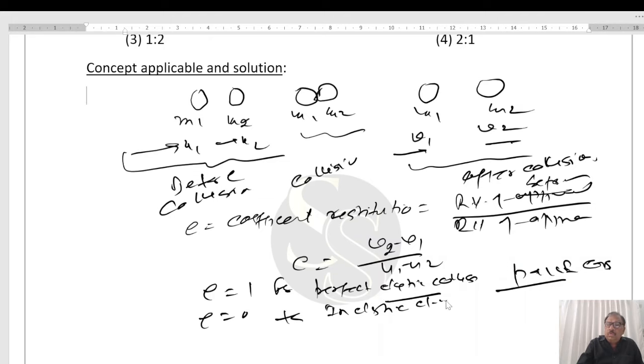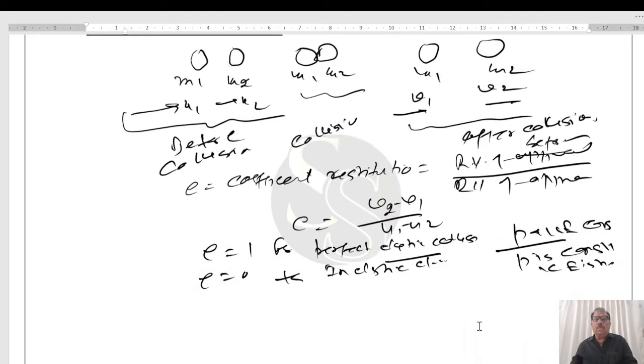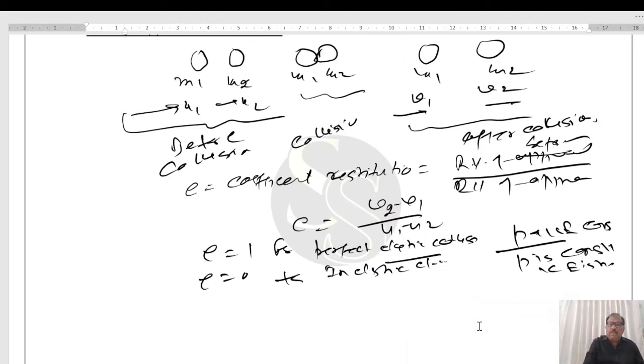Momentum is conserved, kinetic energy is not conserved. Right? Otherwise, it is in between, e greater than 0. Right?